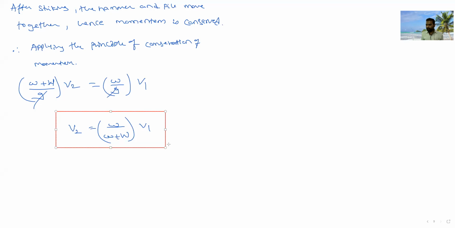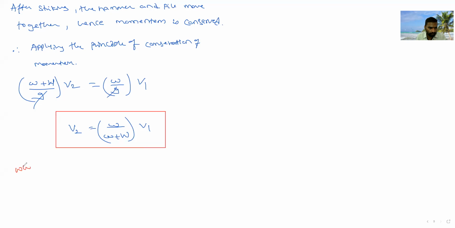V1 is the velocity of the pile hammer. V2 is the velocity of the pile plus hammer. Small w is the weight of the pile hammer. Capital W is the weight of the pile. If you remember this, then you can easily solve the problem.